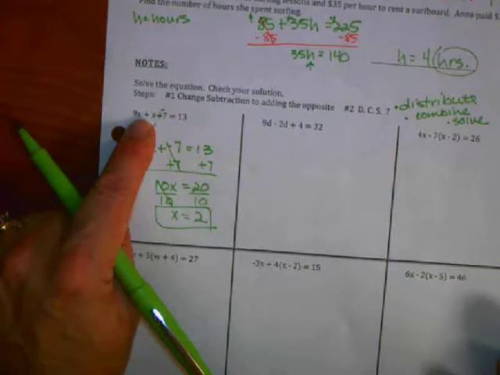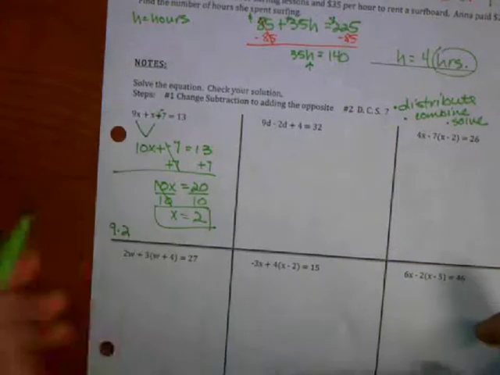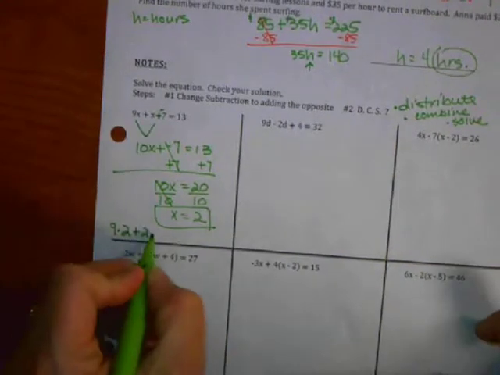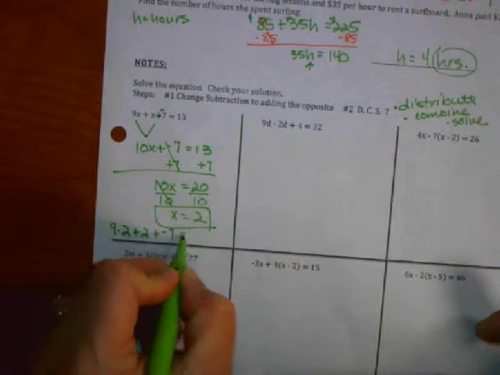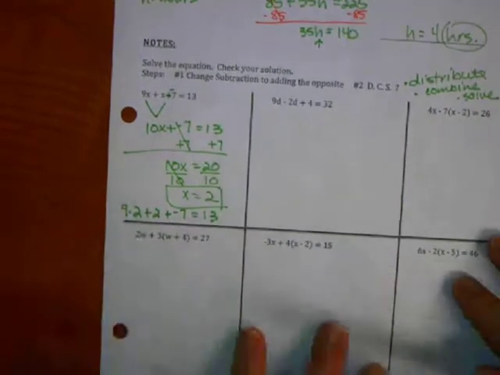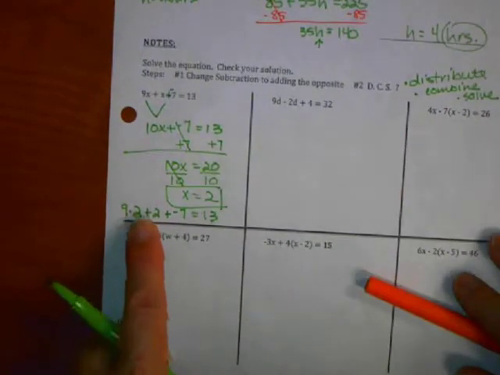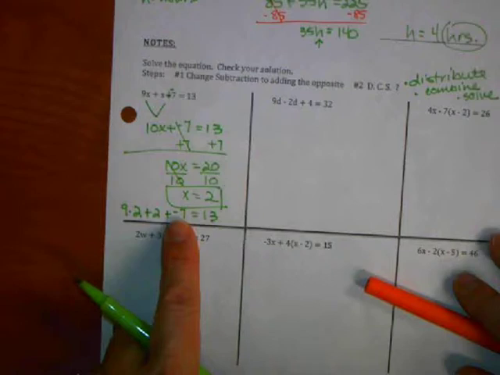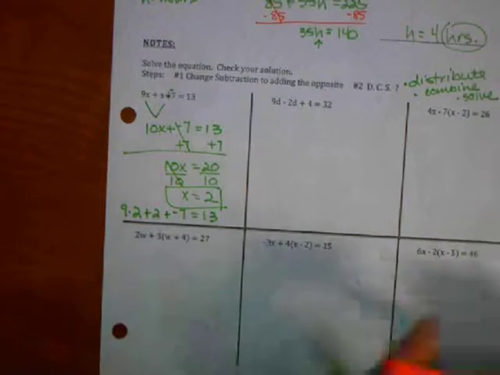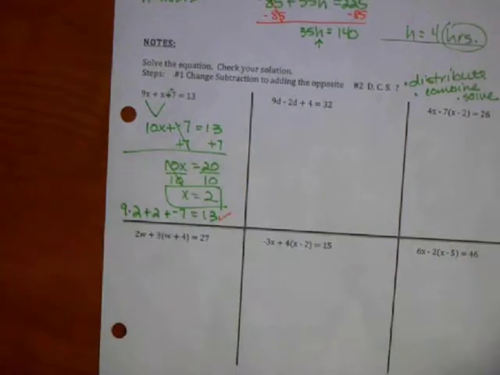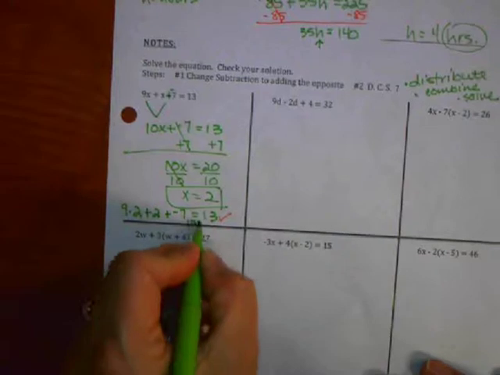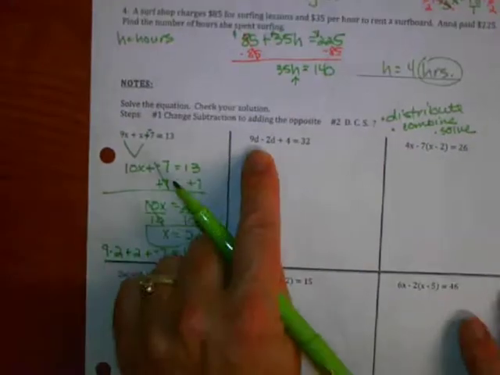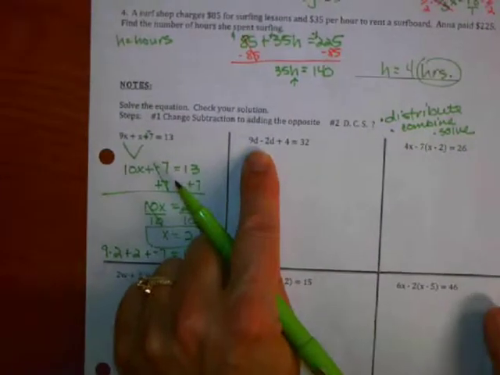You're doing what? Multiplying. Plus 2 plus a negative 7. Does that equal 13? So I have 18 plus 2 is 20. Take away 7 is 13. Yes, it does work. Okay. 13 equals 13. You guys do this one. Exactly the same. Do it on your own.